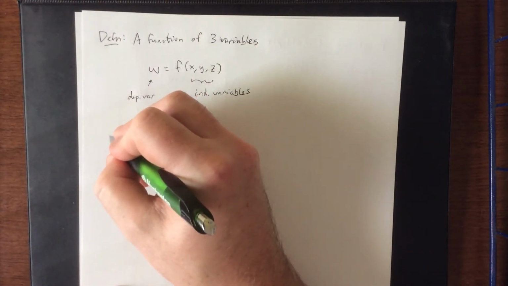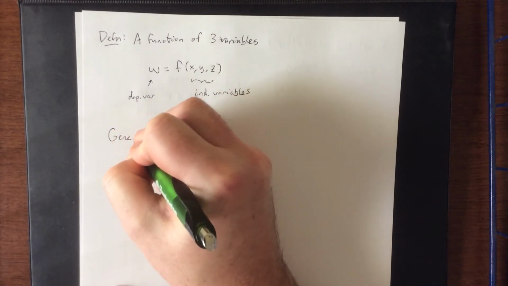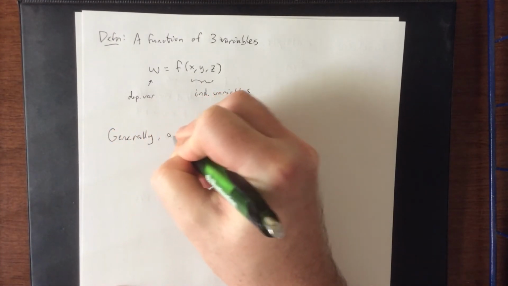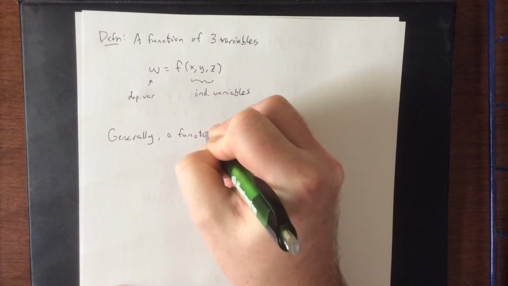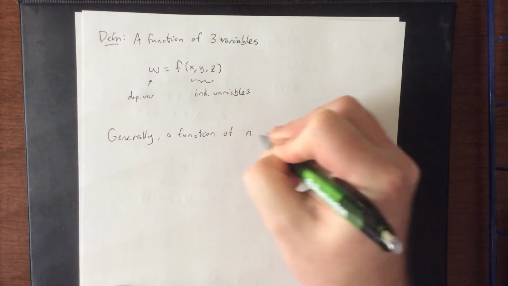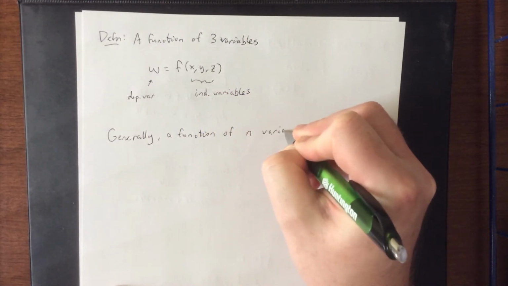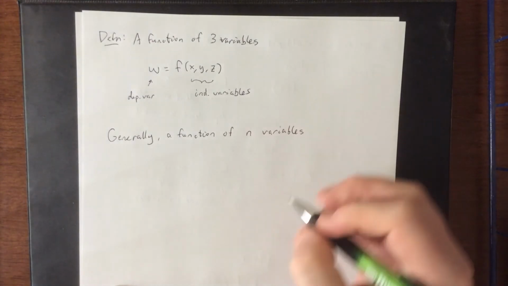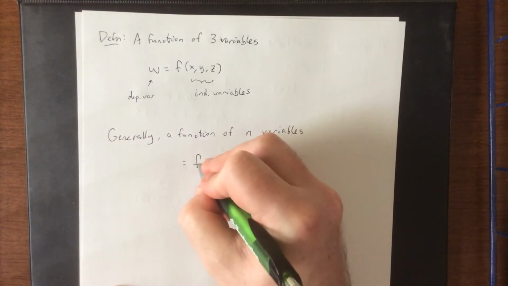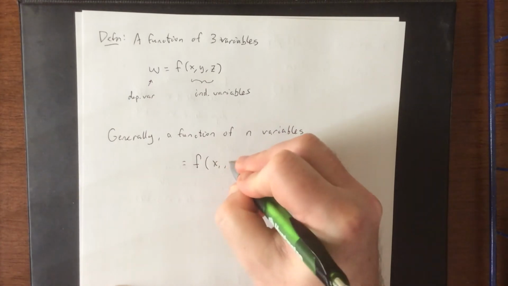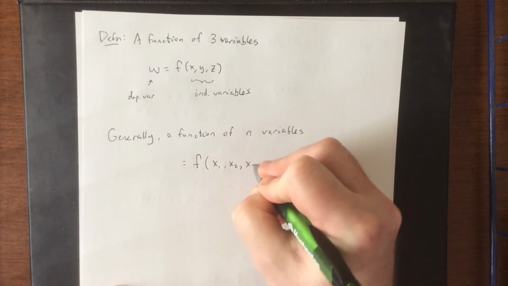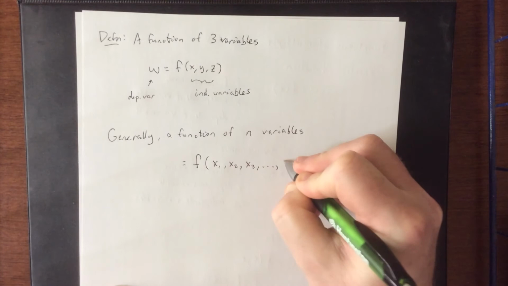More generally, a function of n variables would probably take the form f of, we'll just refer to all of your independent variables as x's.